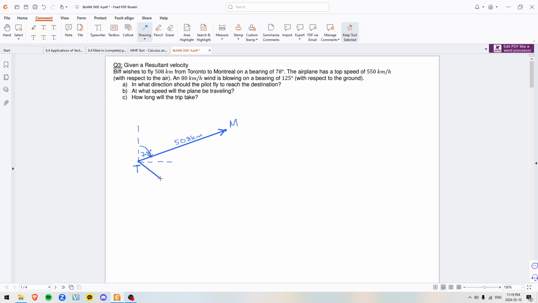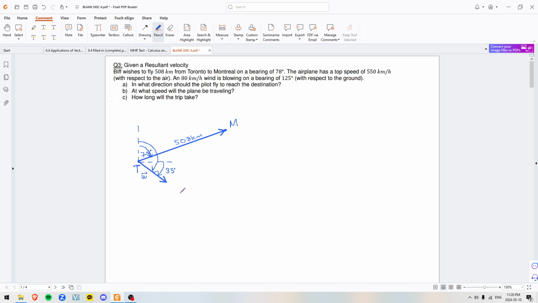By 125, I'm going to say it's about here. So this is wind, with a magnitude of 80 kilometers an hour, at 125 degrees, but we know the 90 degree is right here, so the angle from the horizontal to the vector is 35 degrees.